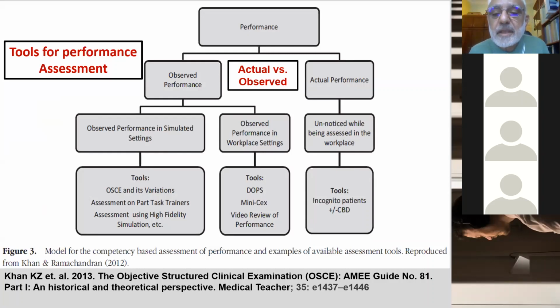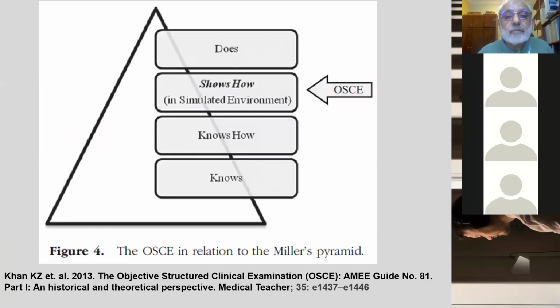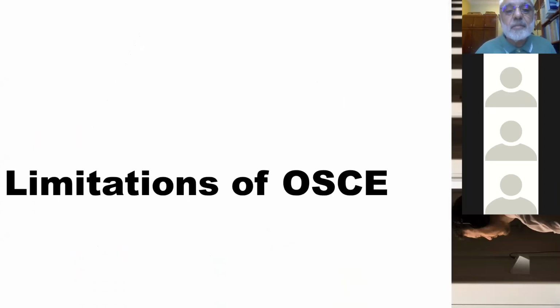Actual performance can be assessed by what is called the 360-degree assessment, whereas observed performance can be covered both through clinical examination, long case, short case, or under OSCE. So this is another aspect where OSCE can play a major role. As I have mentioned earlier, OSCE assesses the student at the shows how level and not at the does level of Miller's pyramid.